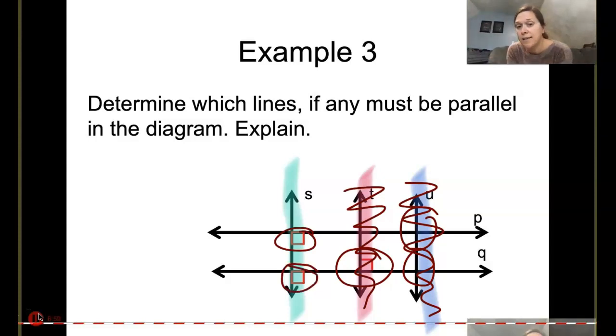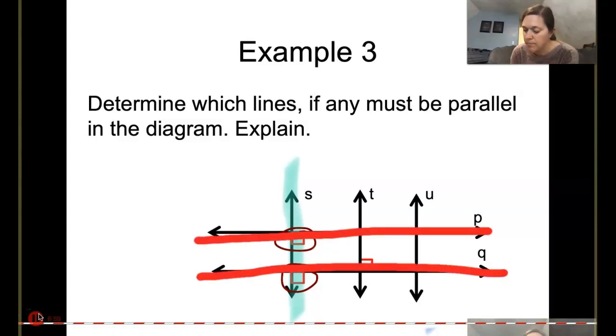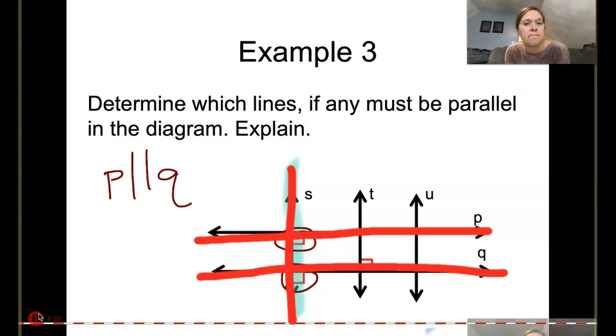So because P is perpendicular to S, and because Q is perpendicular to S, and they're both perpendicular to the same transversal S, then we can say that they are parallel. So I'm going to say that P is parallel to Q.